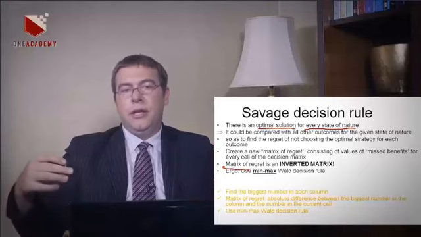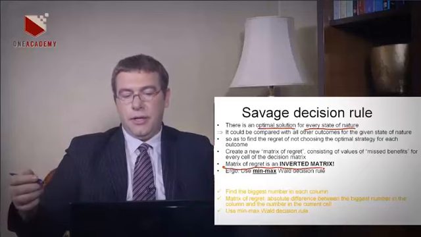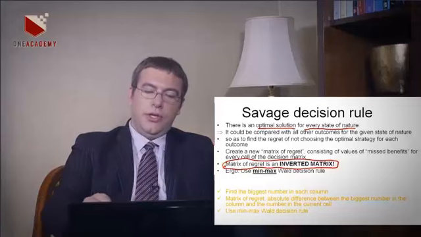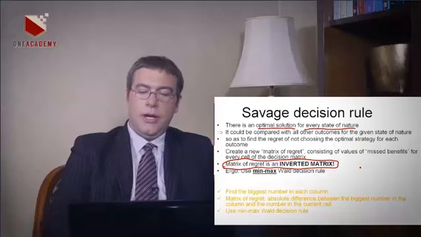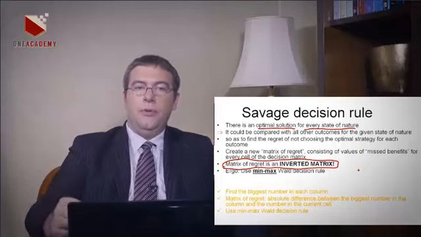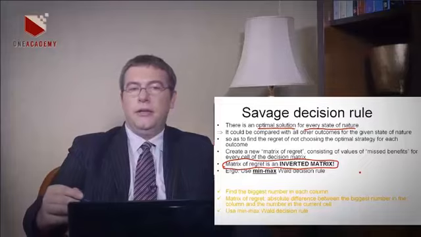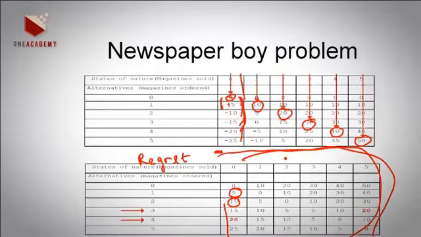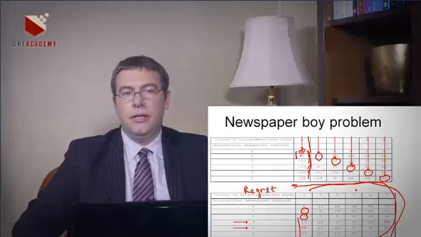Since the higher the number, the worse off for the decision maker, there is always going to be an inverted matrix. So one important thing: no matter what the original decision matrix was, after we make the matrix of regret, we're always going to end up with an inverted matrix. The matrix of regret is always an inverted matrix. So this is the first stage: make the transition from one decision matrix to a matrix of regret.